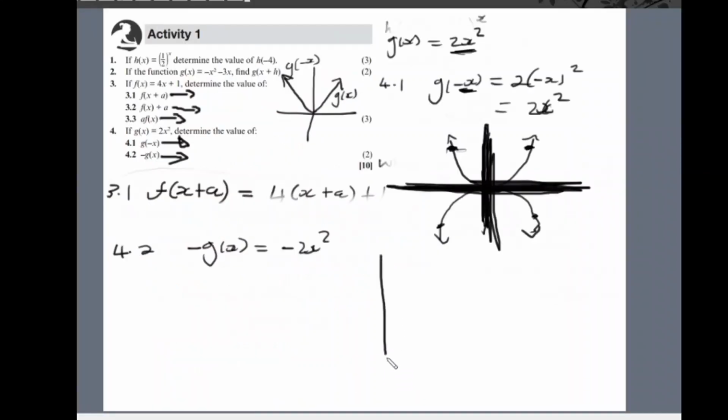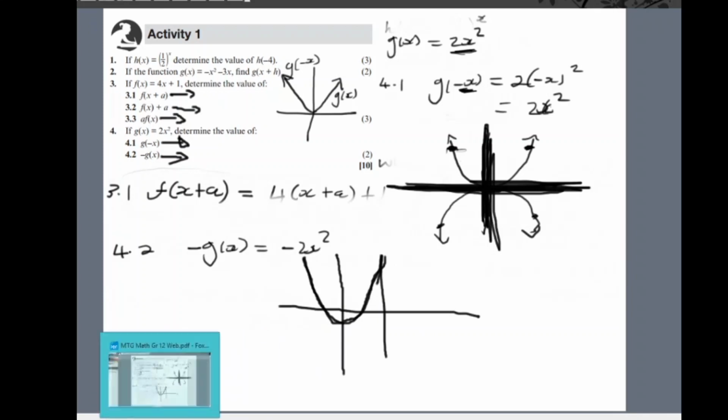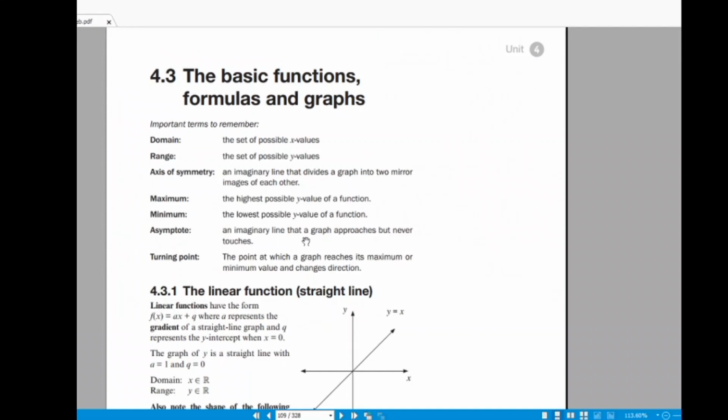So if we have a parabola looking like this, and we cut this graph into two, this will be the mirror line, because this piece is a mirror image of this piece, right?